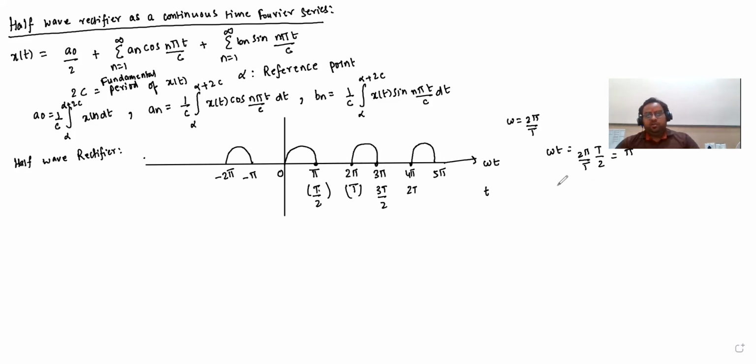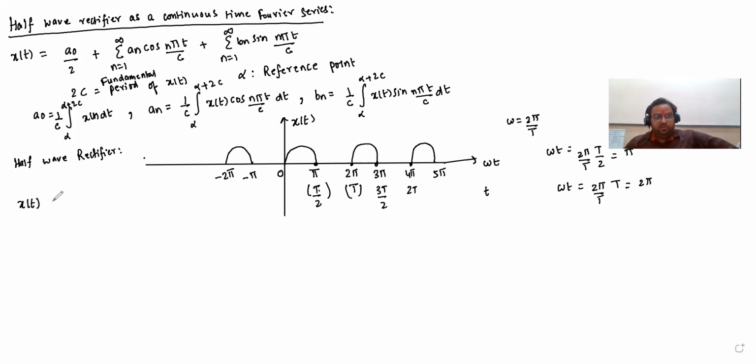Similarly, for capital T, we get 2 pi, and so on. So this is the omega t axis, and this is the output of the half wave rectifier, our x of t. I'll first try to write down x of t.